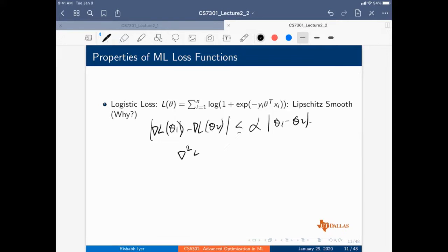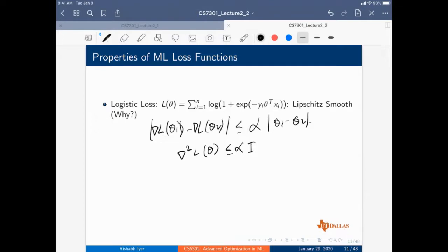take the second derivative of L of theta and show that this is less than or equal to L times I. In some sense, it suffices to argue about the growth of the function.